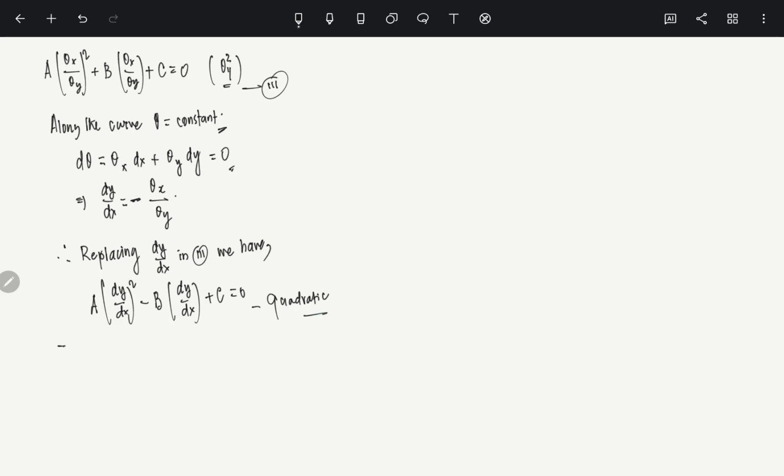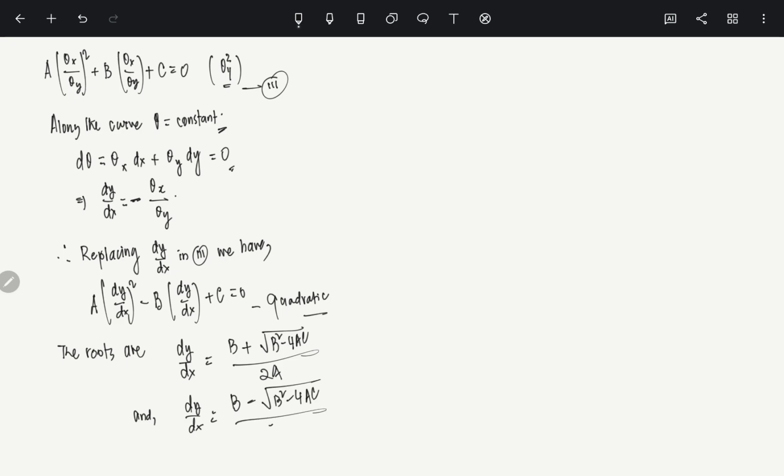The roots are: dy by dx, the first root, is given by b plus root over b square minus 4ac, by 2a, right? That's the first root, and the other root is the corresponding minus, so b minus root over b square minus 4ac, by 2a.